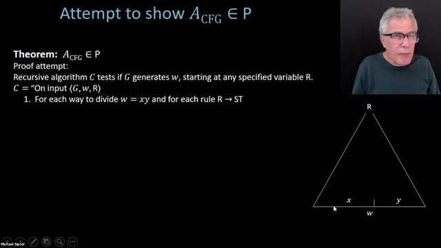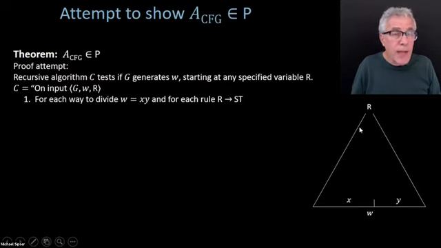There's only a polynomial number of ways to divide the string into two substrings, just order n, depending on where you make that cut. So that's not too bad. There's only n ways of making that division.